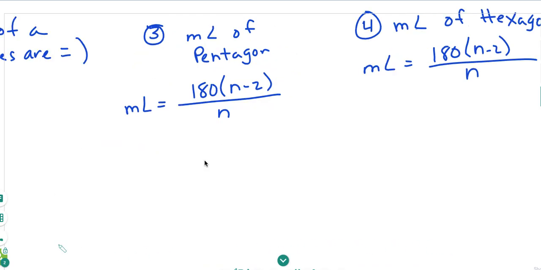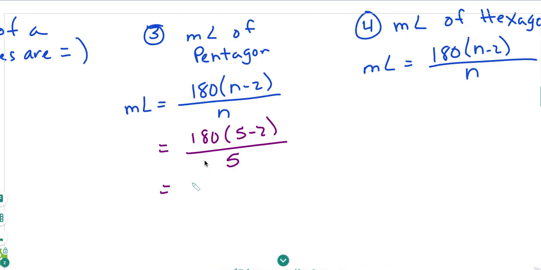So if we have a regular pentagon and we want to know the measure of that angle of a pentagon, we're going to take 180 times 5 minus 2, there's 5 sides in a pentagon, and then we're going to divide that sum by 5.